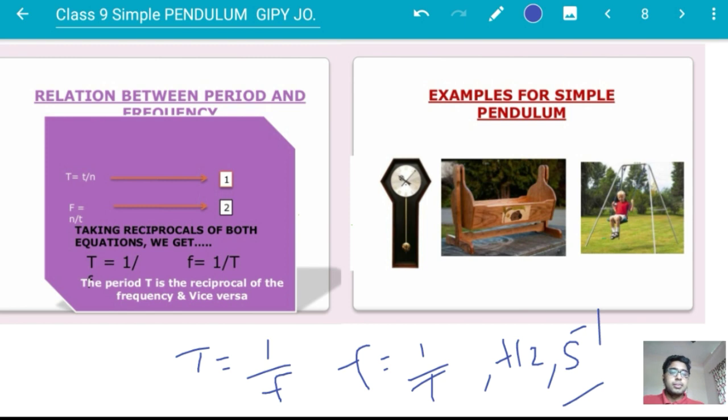Some examples of simple pendulum are given here, the swing and the cradle. So that is all about your simple pendulum. And now going towards the measurement of time period using a simple pendulum. So please watch the video that is coming.